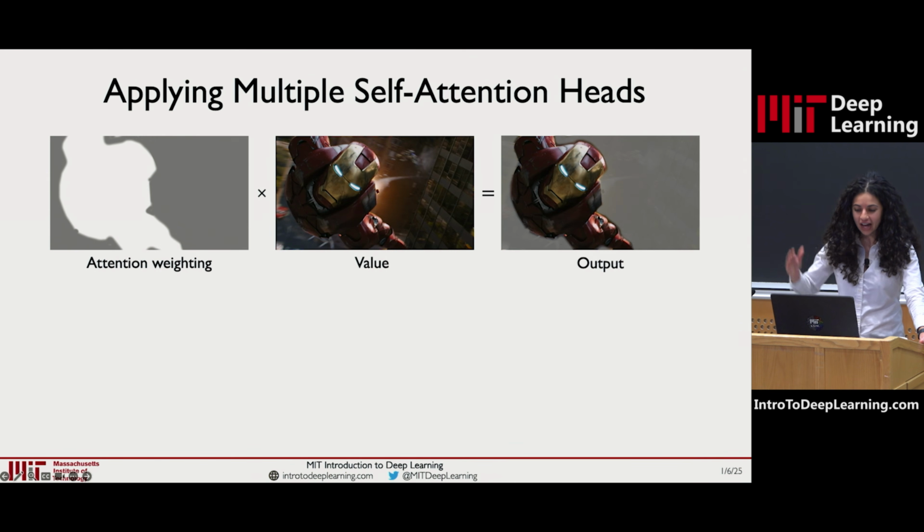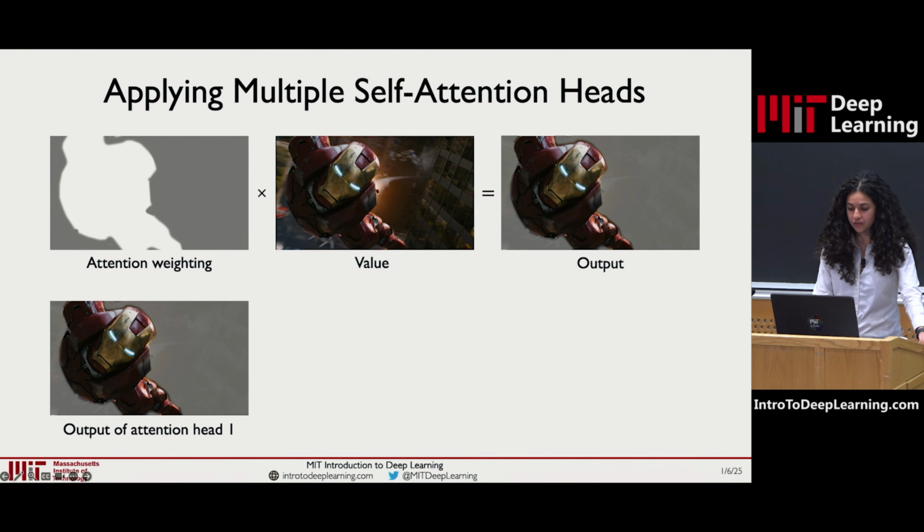And as some questions got to as well, a transformer architecture does not need to be defined by just a single attention block. You can actually stack multiple attention heads together to increase the capacity of your network and pull out different sets of features and more complex sets of features.